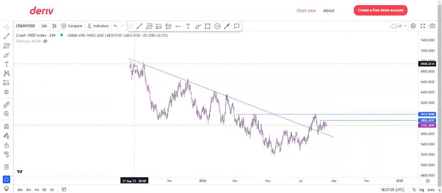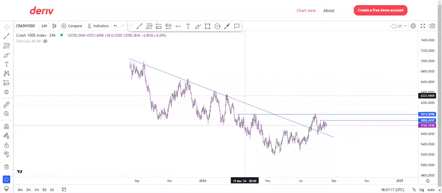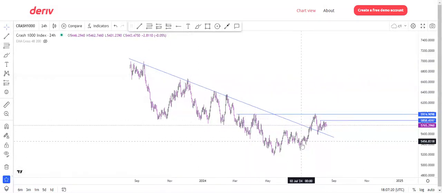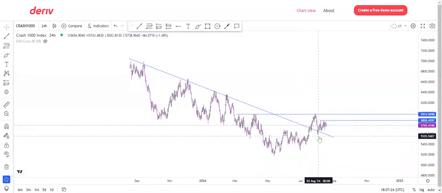on C1. We see on C1 we were trending on this trend line. We touched there, and then here the market went above the trend line.